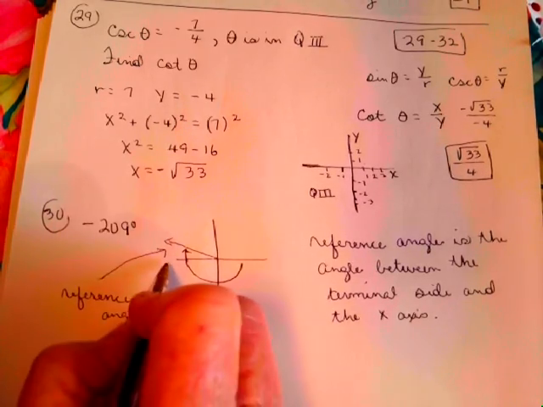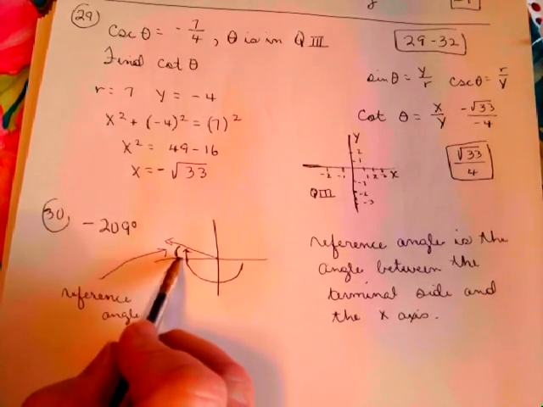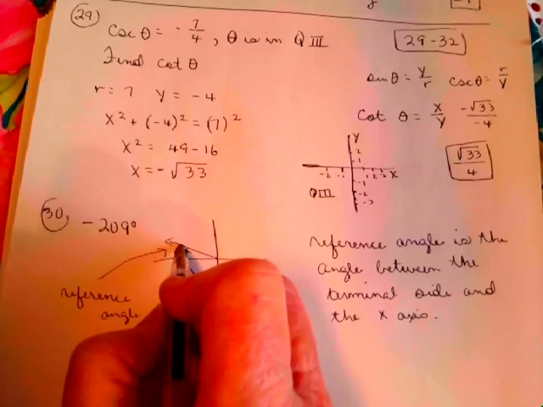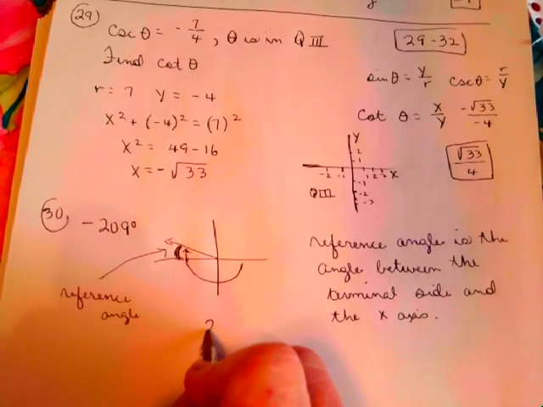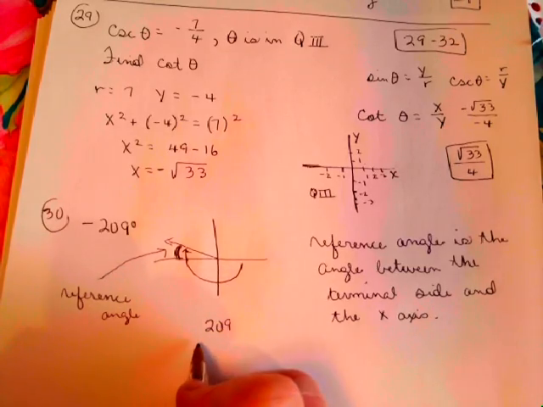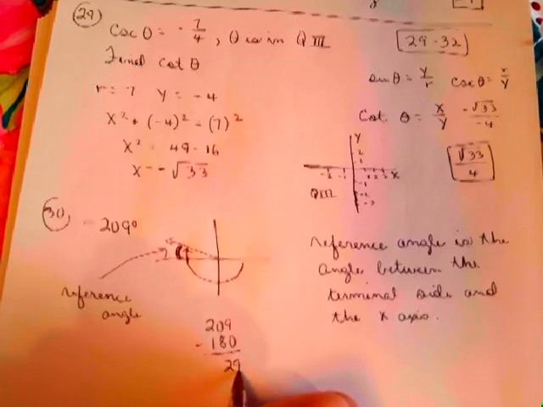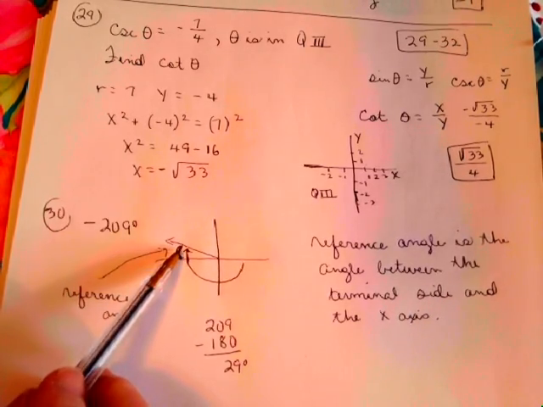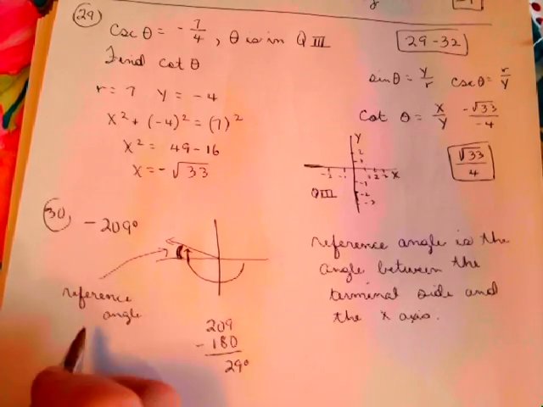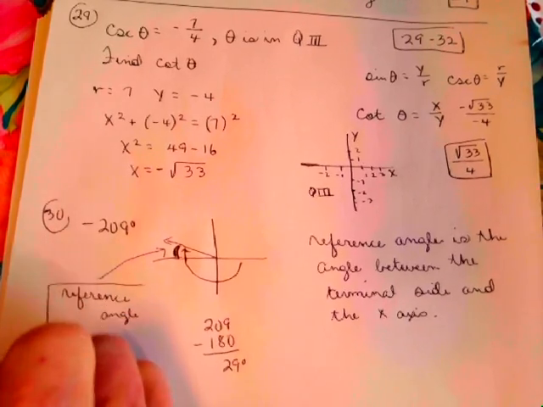I just want to know the measure of that angle that I just marked. 209 minus 180 gives me 29 degrees. That's how much farther I had to go here. That's how far it is from this terminal side to this x-axis. Reference angle equals 29 degrees.